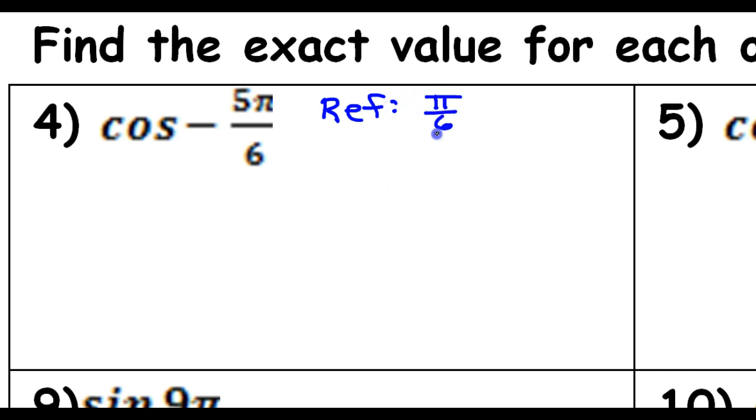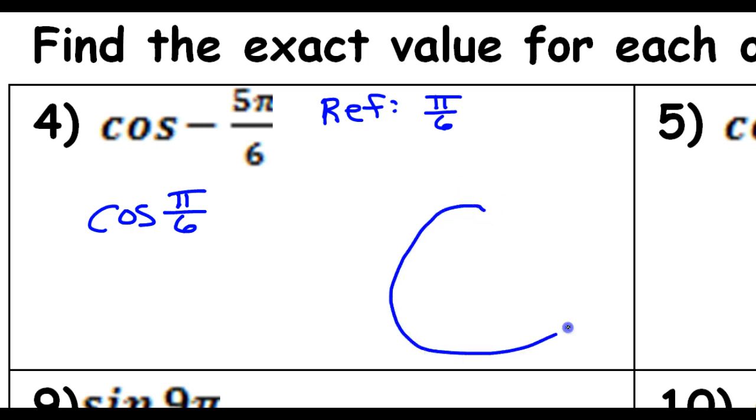With that in mind, a sketch will be helpful, because I know that the cosine of this angle is going to be the same thing as the cosine of the reference angle pi over 6, give or take a minus sign. Depending on what quadrant it's in, I might have to put a minus sign on this. So the quadrant is going to tell me, so that's why I need to do a sketch.